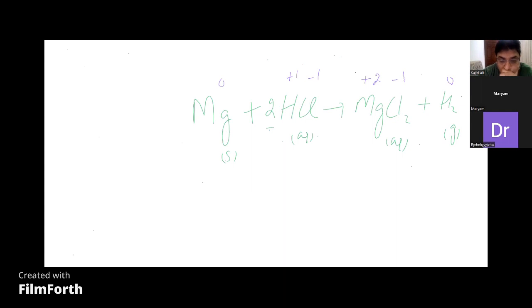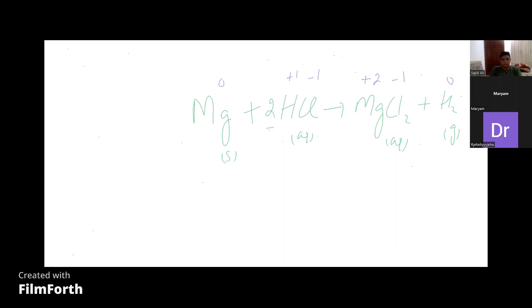Then the magnesium, since it is a plus two ion, to make MgCl2 there's more chlorine too.